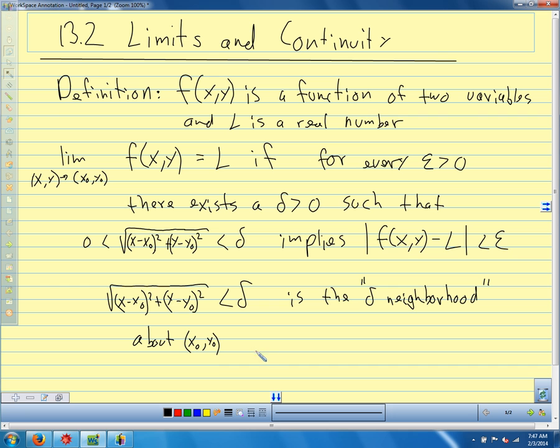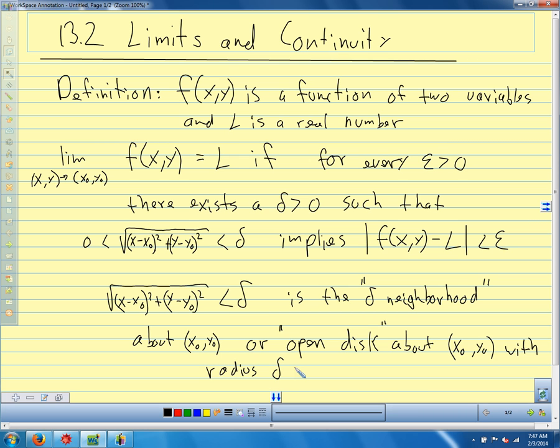Or we call it the open disk. And our disk has radius delta.